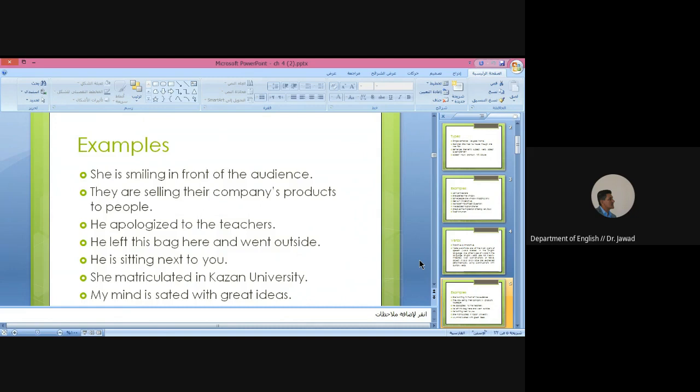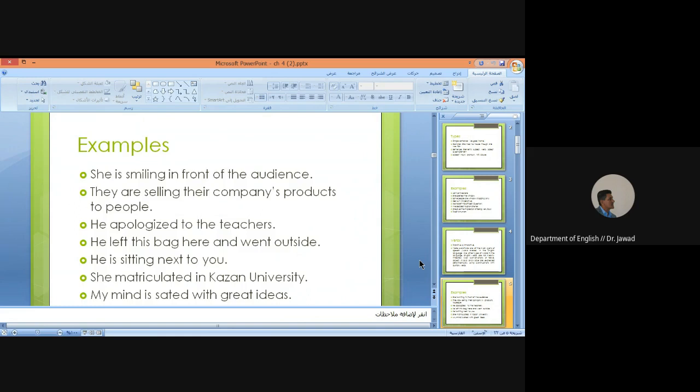They are selling their company's products to people. The same: are selling, periphrastically constructed, which is again a present progressive tense. He apologized to the teachers, apologized. Just one word, though we have two morphemes, the ed is a bound morpheme.